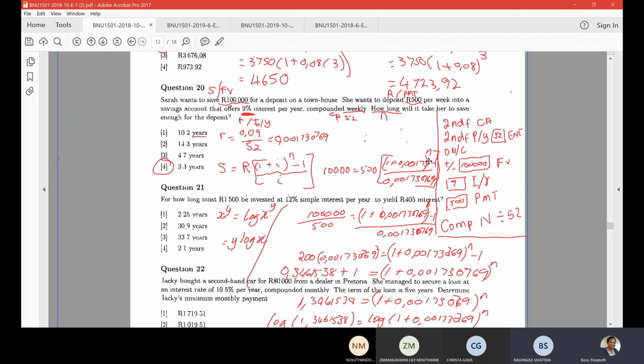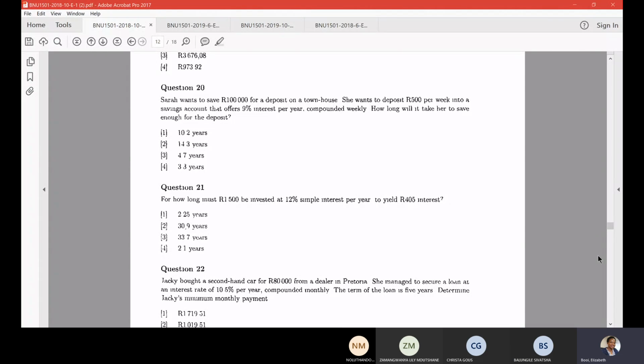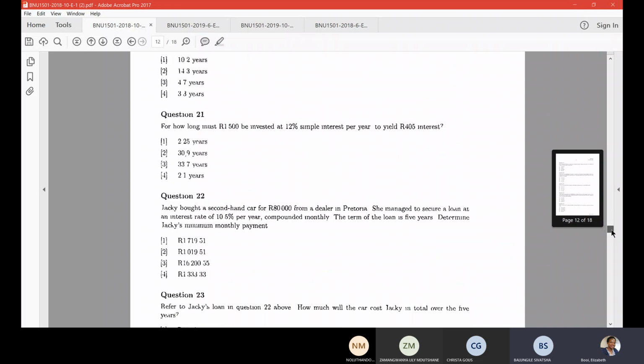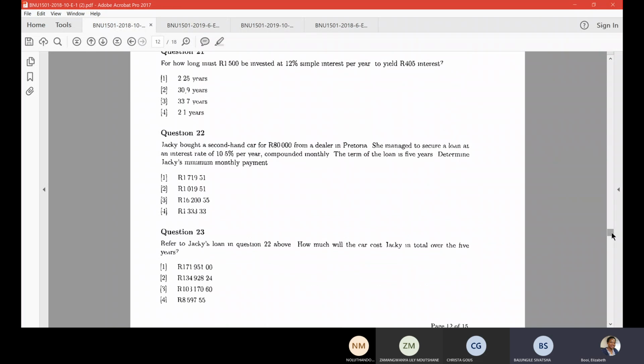Okay, so that is one example. The next question is asking, for how long must 1,500 be invested at a simple interest for a year to yield an interest of 405?